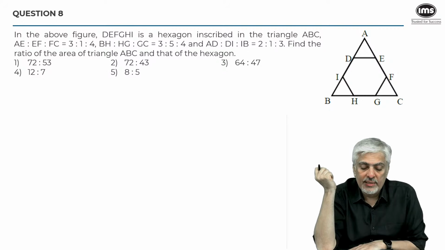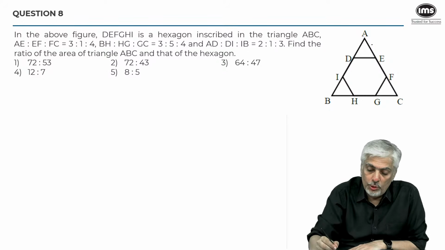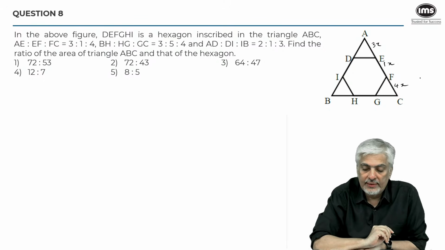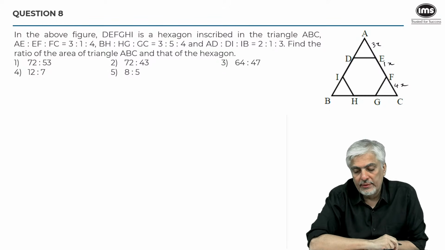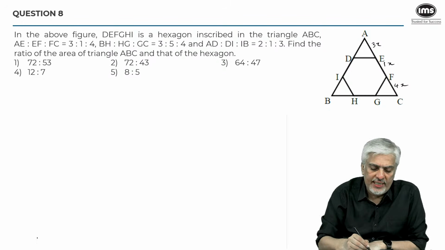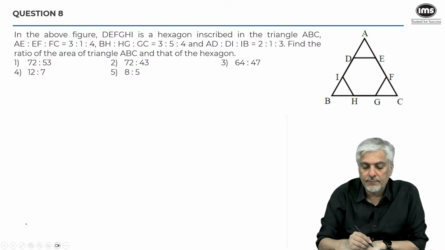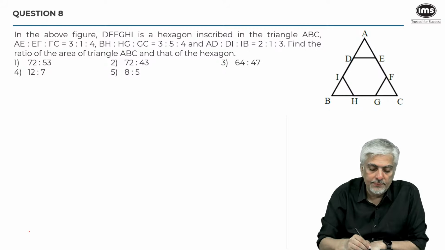No one's given me an answer. If I took the ratios as this as 3x, 1x and 4x and so on, if I took everything, I would not take x, I would just take it 3, 1 and 4 only. So now try.